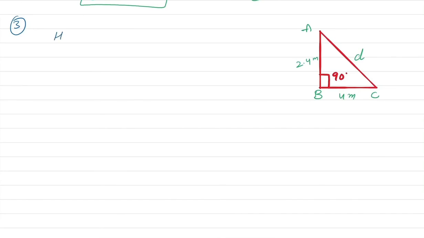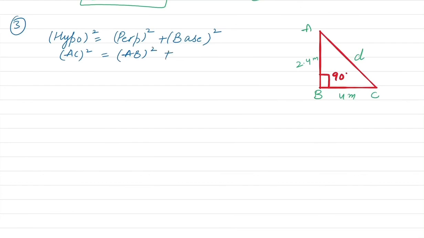We know the formula. Hypotenuse whole square is equal to perpendicular whole square plus base whole square. Now hypotenuse is AC, so AC whole square, perpendicular is AB, AB whole square plus BC whole square, which is base.